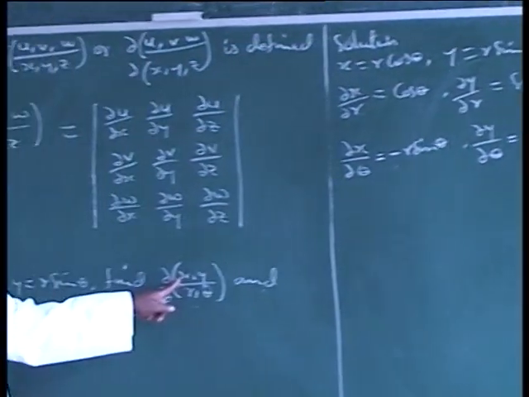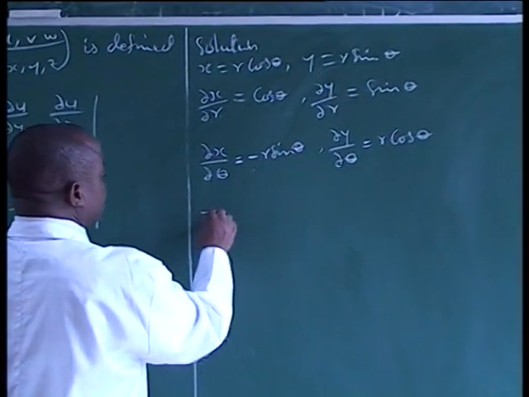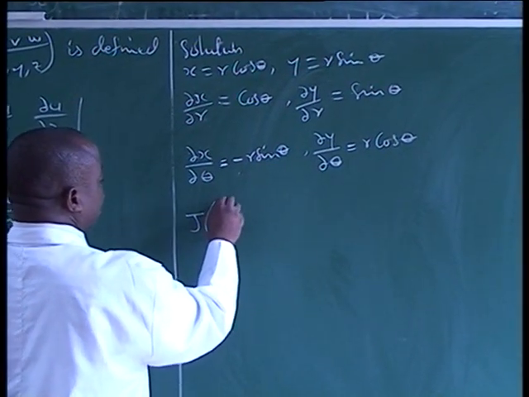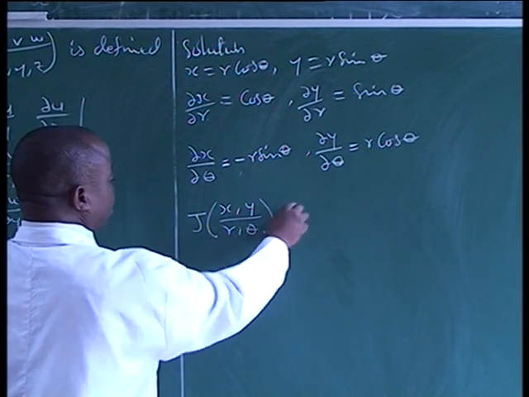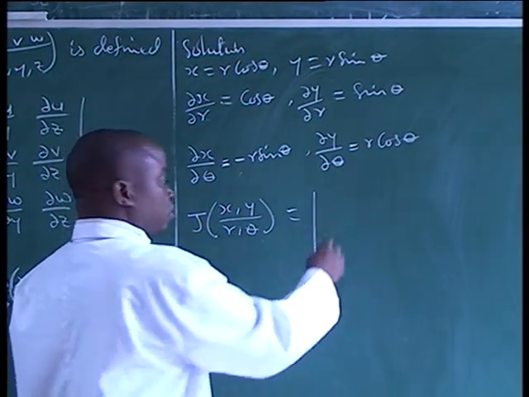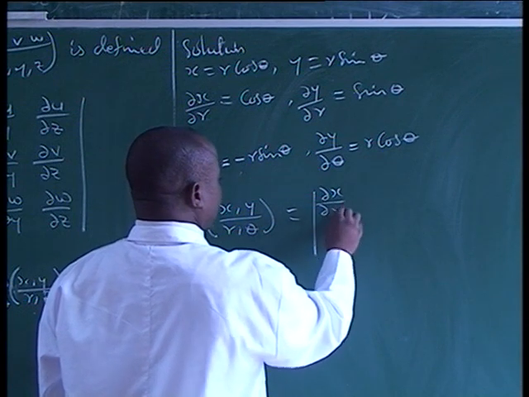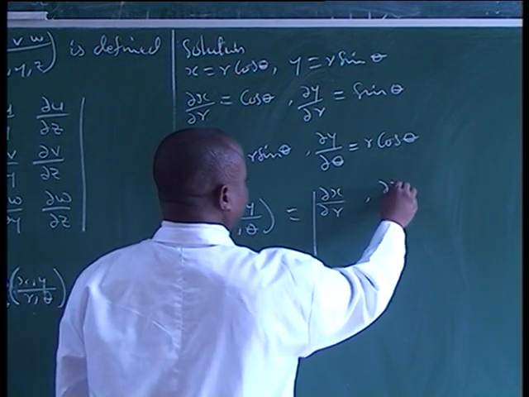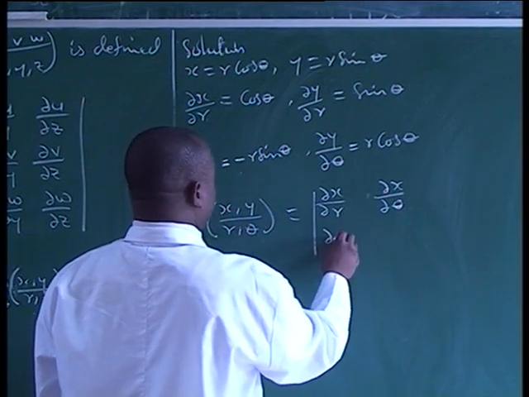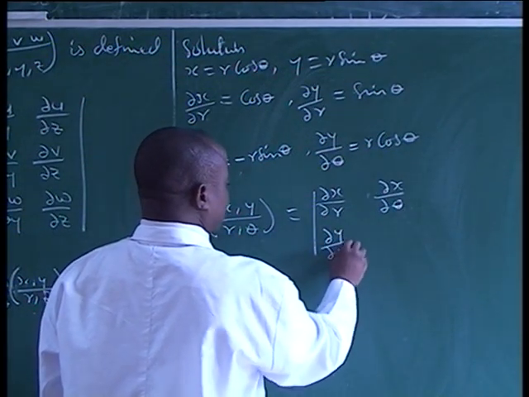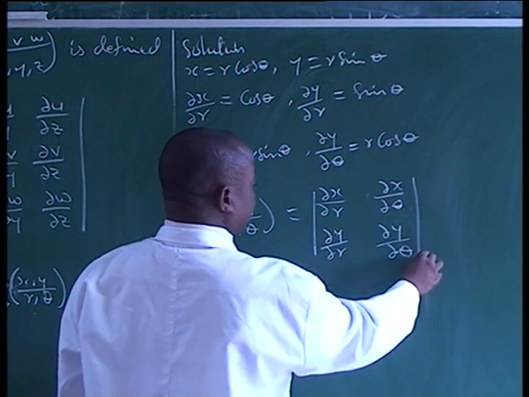So we now define the Jacobian. Now find the Jacobian of x, y with respect to r, theta. And we know that this will be equal to the determinant of partial x partial r, partial x partial theta, then partial y partial r, partial y partial theta.